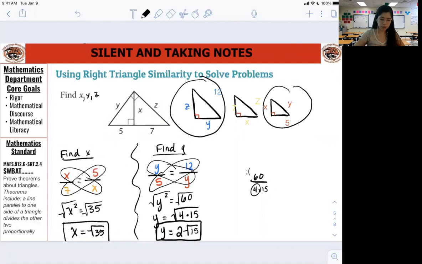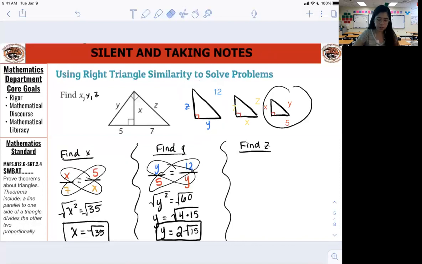There it is. Questions on finding X, questions on finding Y. Questions? Okay. Now I want you guys to try this third one on your own, and then we'll do it together. So now we're trying to find z. So pick the correct triangles and then try to create your proportions.